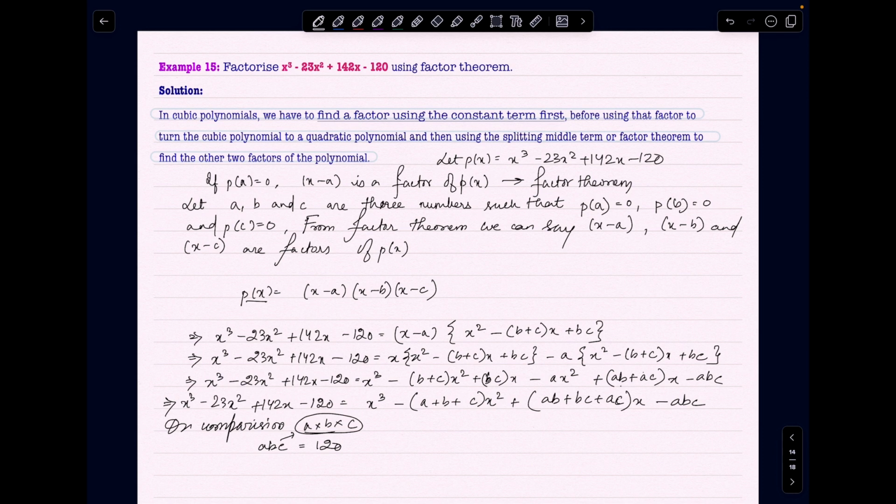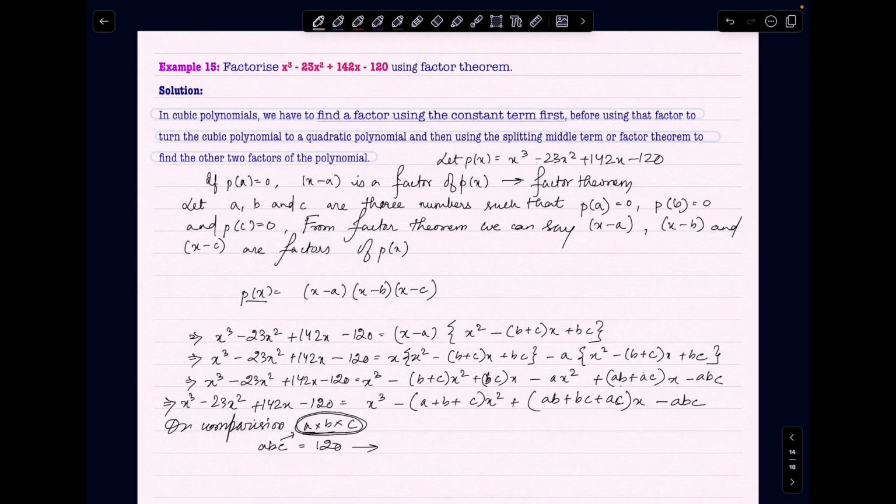From here again we can find the possible values of A, B and C. For that we need the factors of 120. Got my point? To find the possible values of A, B and C, we need the factors of 120. What are the factors of 120? 1, 2, 3, 4, 5, 6, 8, yes, 8 is there.